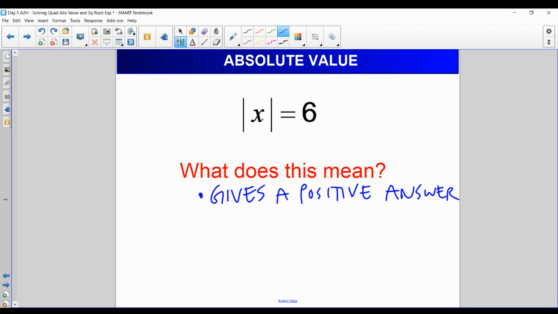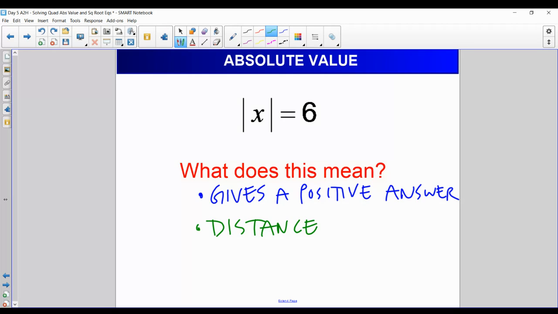But the thing we want to understand is that absolute value is also positive because it is giving you a distance. A distance measurement from something is always positive.